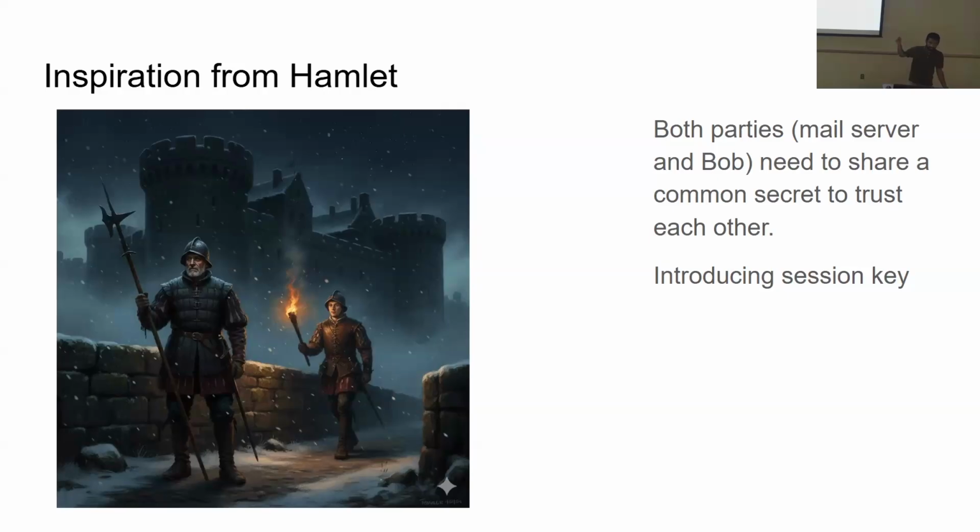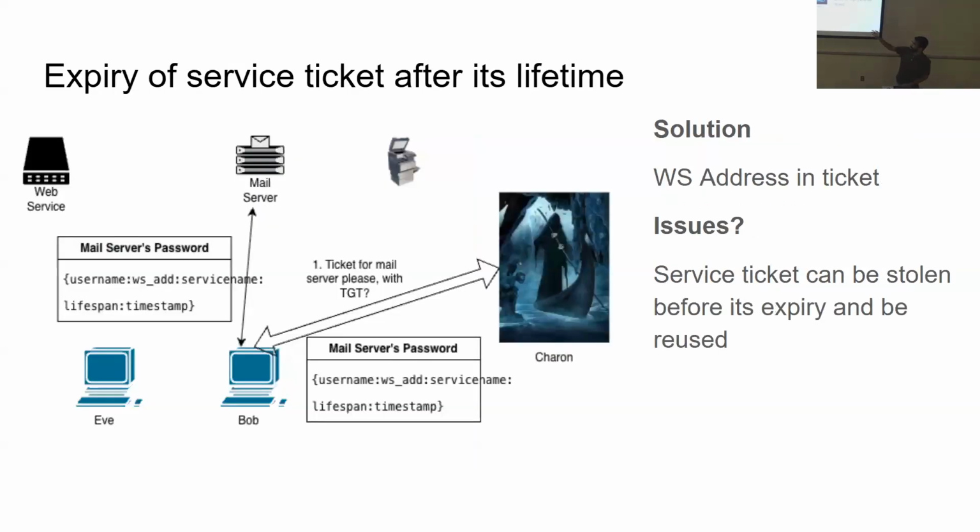This system takes some sort of inspiration from this secret sharing between the two parties involved. Because right now, if you look up until here, it's just Sharon who is giving tickets, and Bob is the one just relaying tickets. There's nothing actually shared between the mail server and Bob.